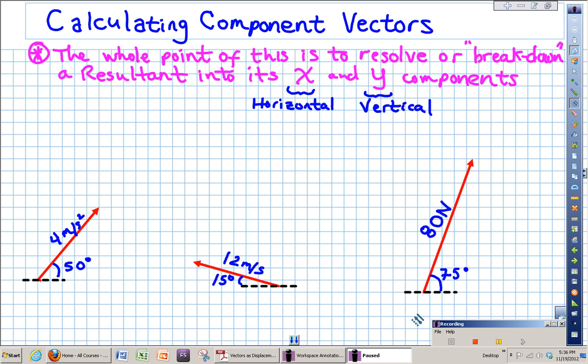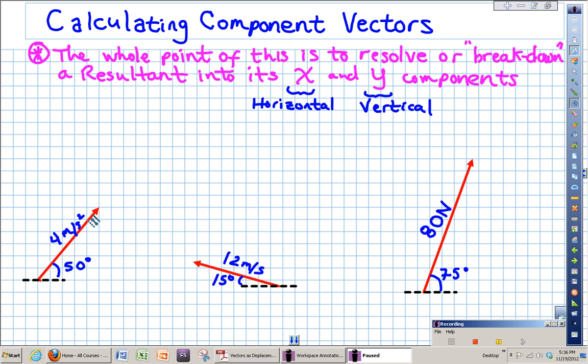In the case where you're asked to calculate component vectors, I want you to keep in mind that the whole point of this is to just take that resultant vector and resolve it or break it down into its x and y components. That is, the shadow of that resultant that is in the horizontal direction and the shadow of that resultant that is in the vertical direction. The first step to doing this, regardless of what type of vector it is, as you see we have 3 types here.